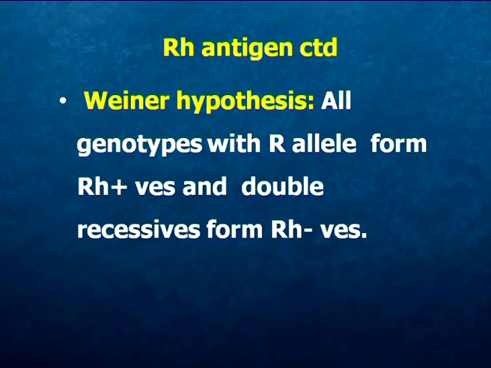So, no Rh antibody to interact with this. So, it becomes a compatible blood transfusion. Now, here we say which marriages became biologically incompatible. And if both are Rh positives, male and female, no problem.